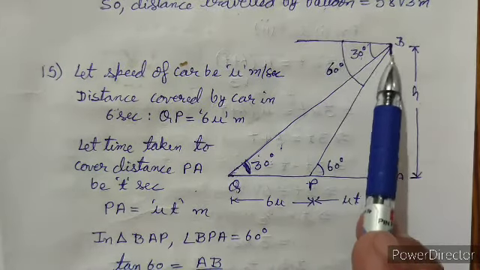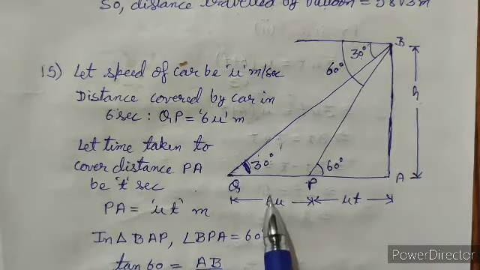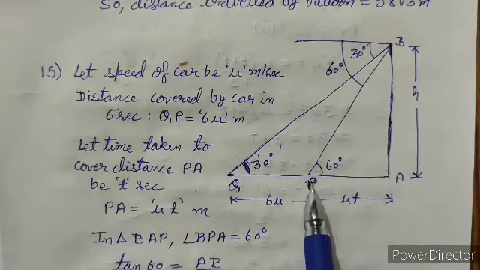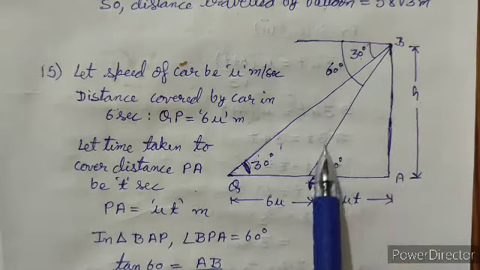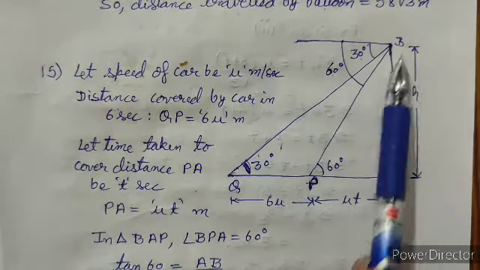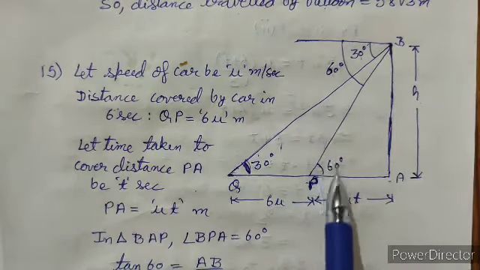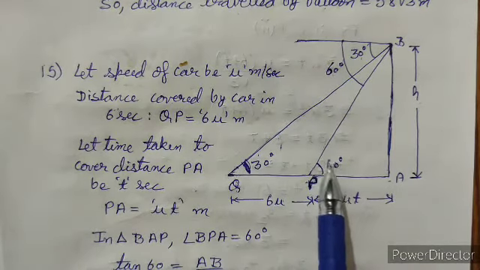Similarly, after 6 seconds, the car is at point P. So angle of depression of point P from B is 60 degree. So angle BPA will be equal to 60 degree, as these two angles are alternate interior angles.